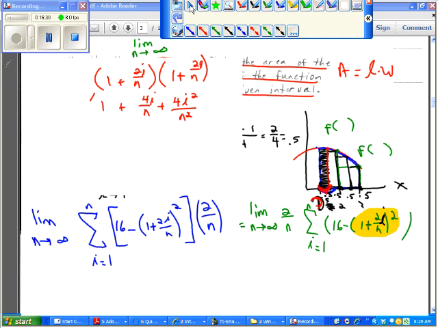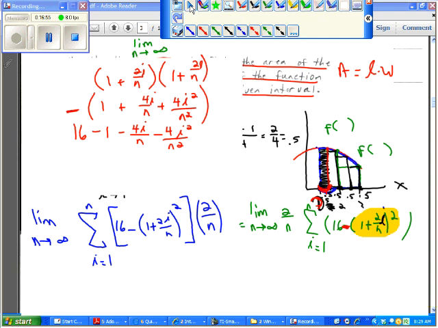And then we had a minus in front of that. See that? And I'm going to distribute that minus, which would make it a minus 1, minus 4i over n, minus 4i squared over n squared. And then I've got a 16, right?